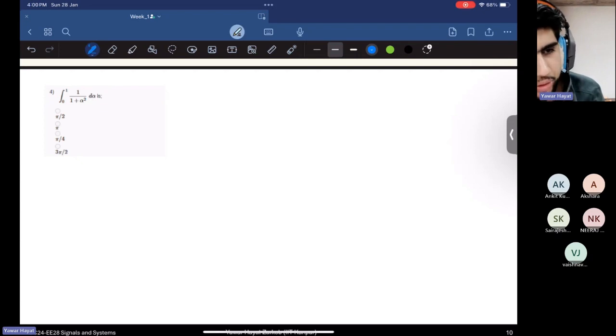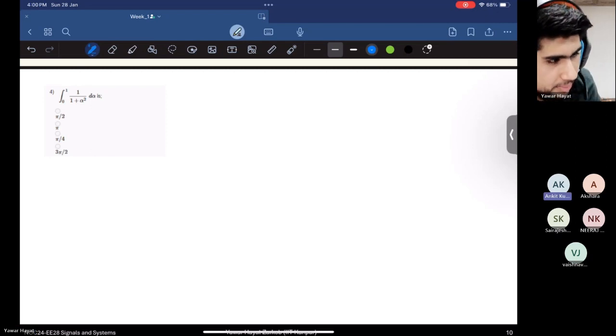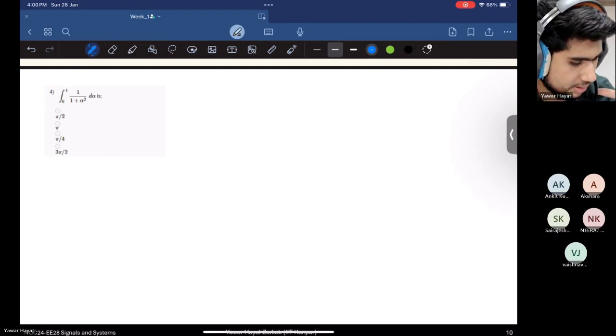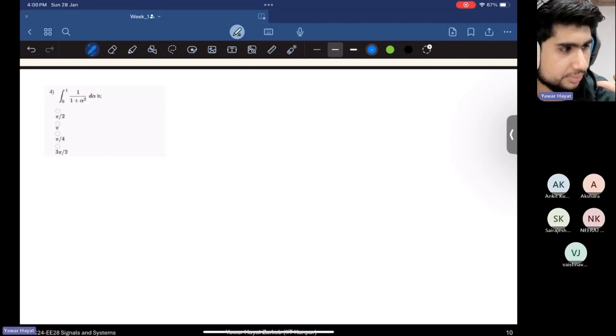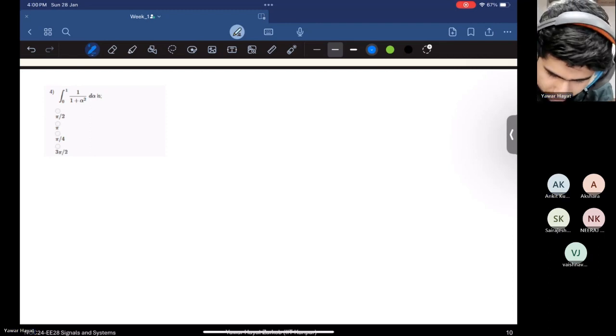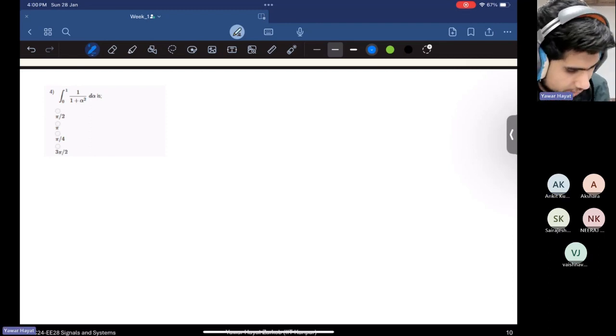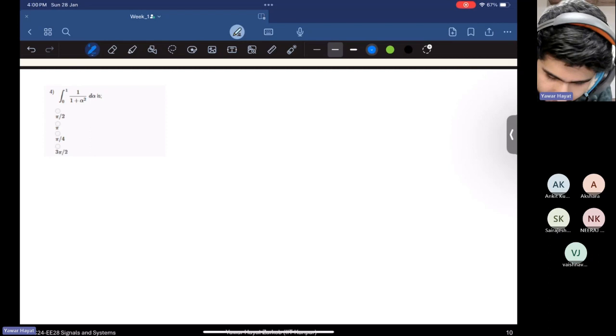Ankit, could you unmute yourself and let others know how you came about that answer? We can do integration, tan inverse x, and then under the limits 0 to 1, that evaluates to pi by 4. Good. So let me quickly go over what Ankit was saying.